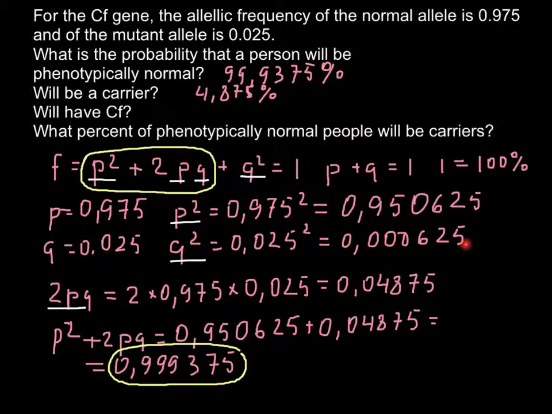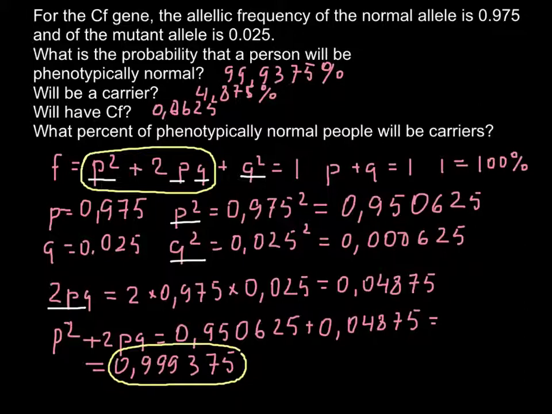This is going to be the percentage in the population, and if we move this comma 2 decimal places to the right, this is going to be 0.0625%. So less than 0.5%.